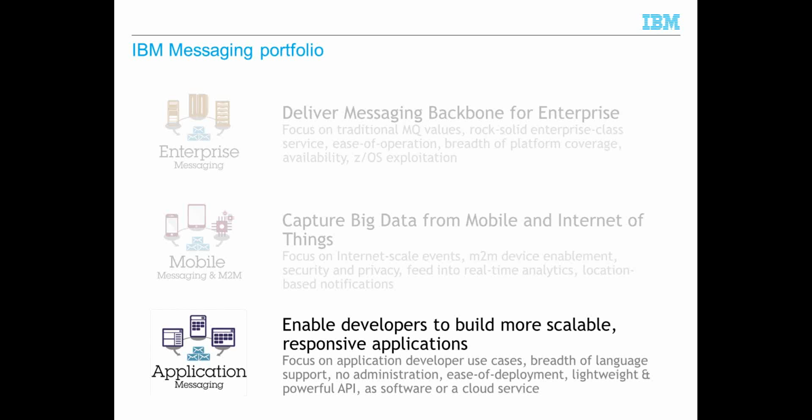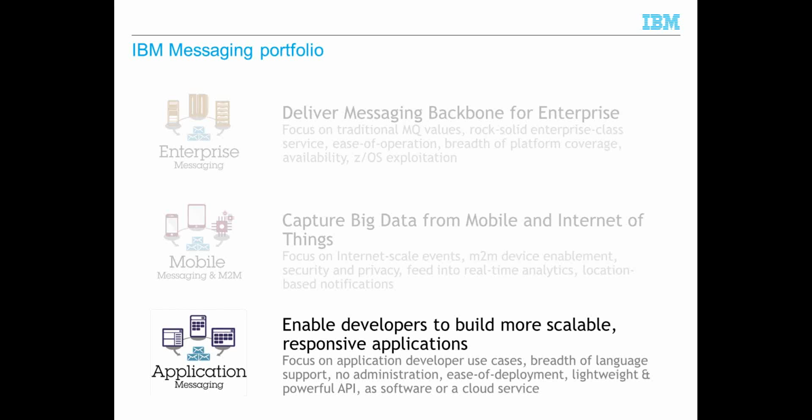So what I would like to do in this webcast is just spend a little bit of time explaining what MQ Light is, why we've felt it important to bring MQ Light to market, and how it fits into the broader IBM messaging portfolio.